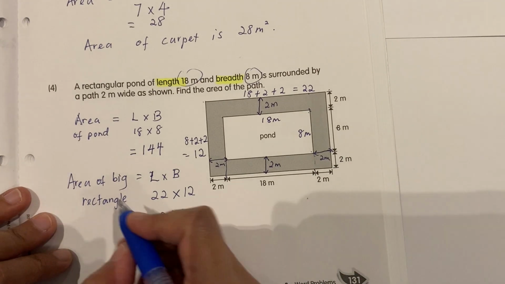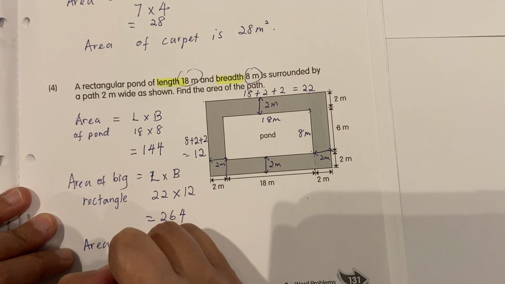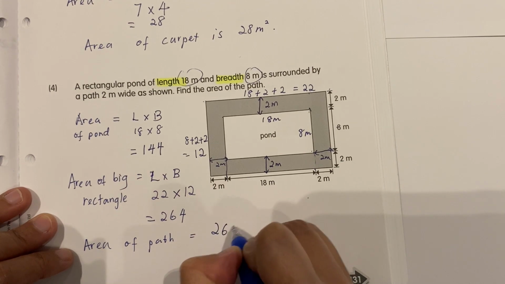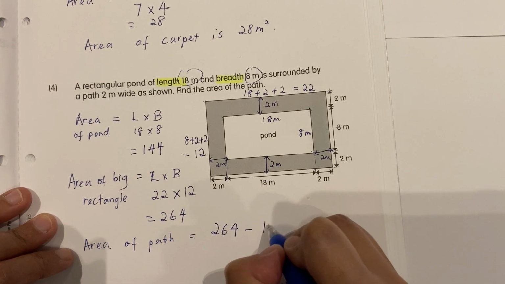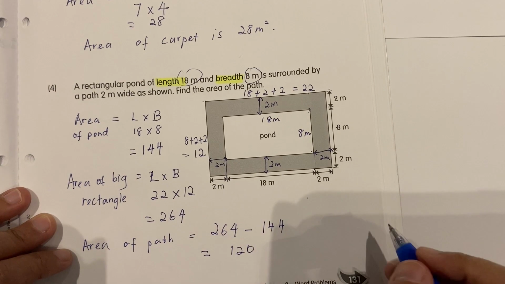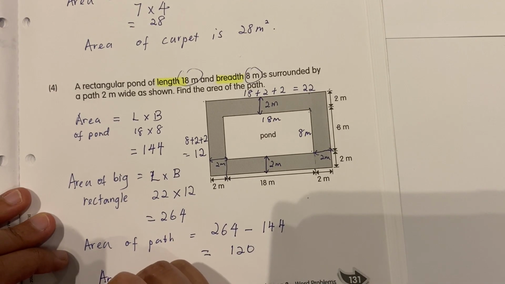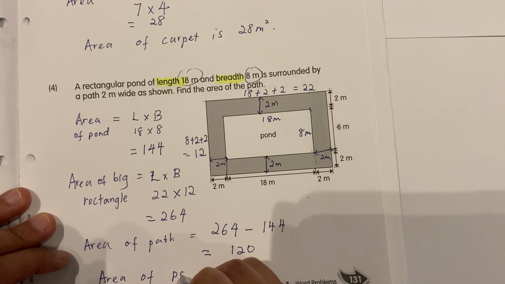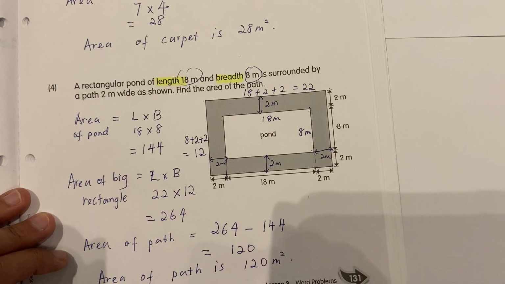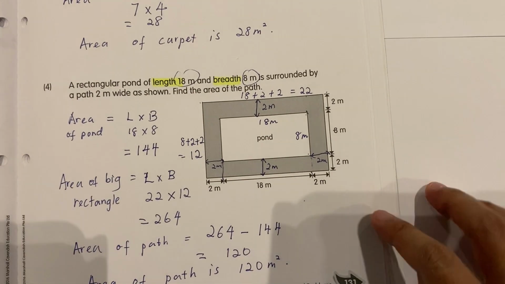Yes, you minus. Area of path equals the big rectangle minus the pond. So the area of the path is 120 square meters, and that's your answer.